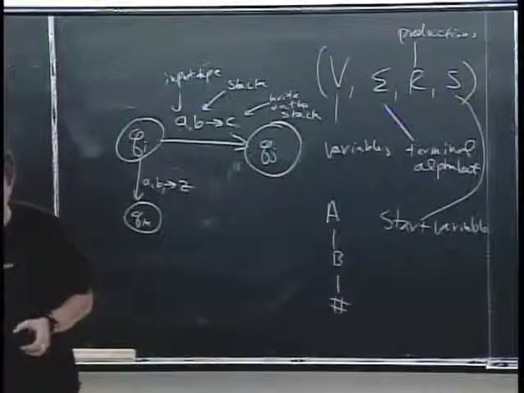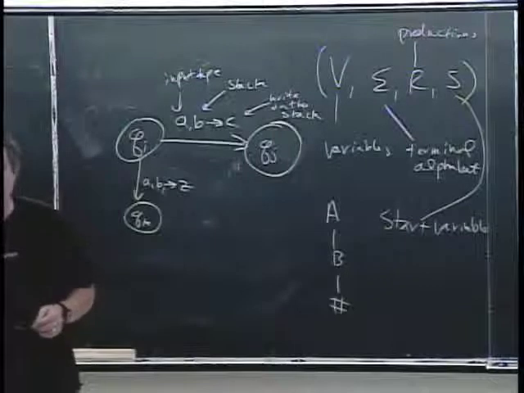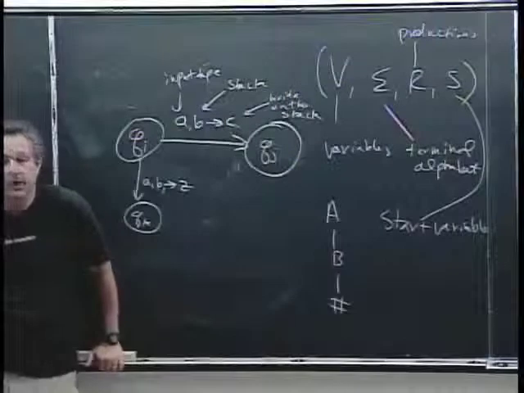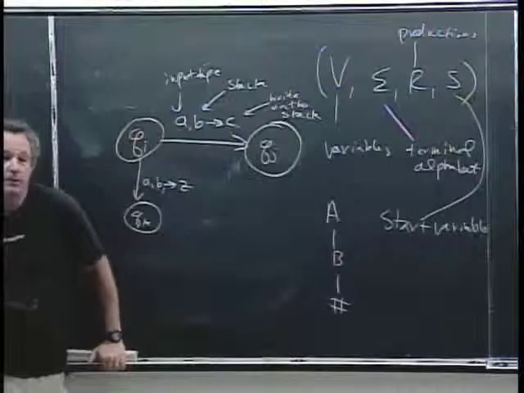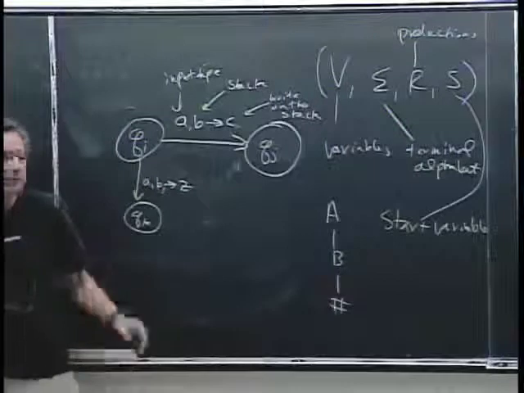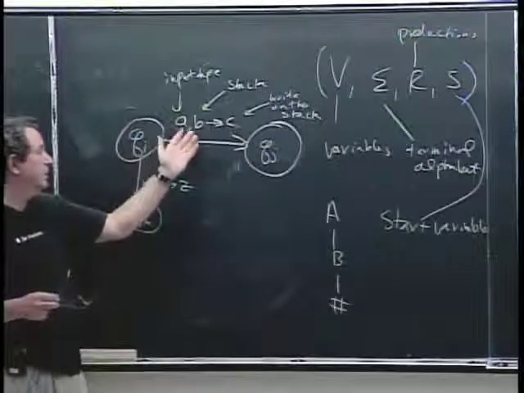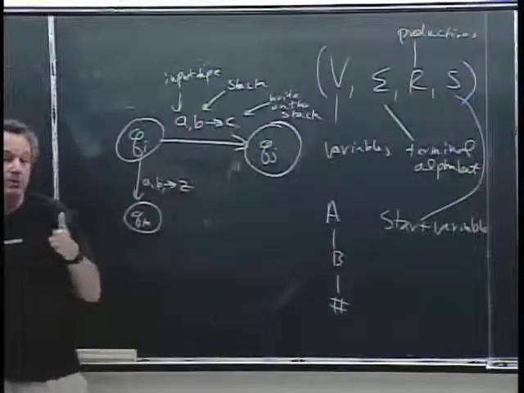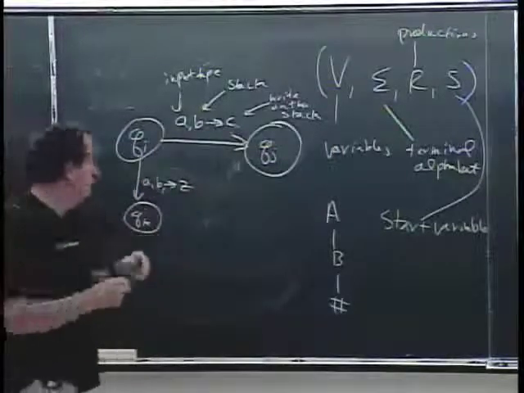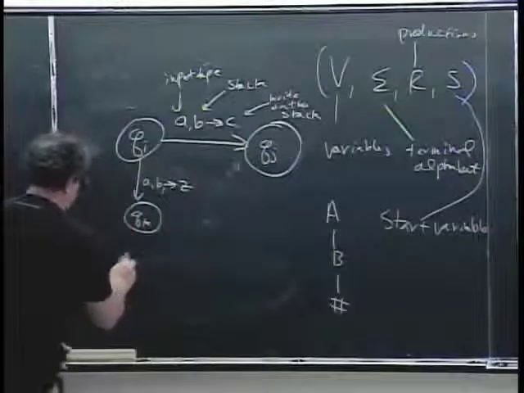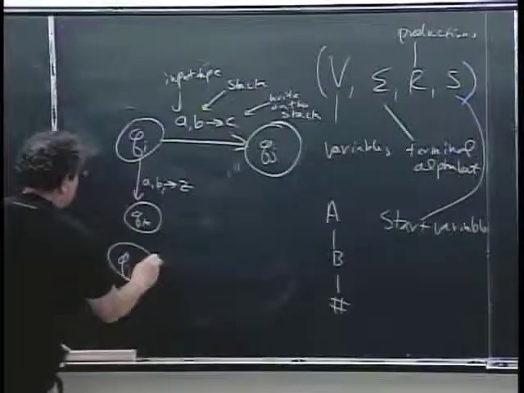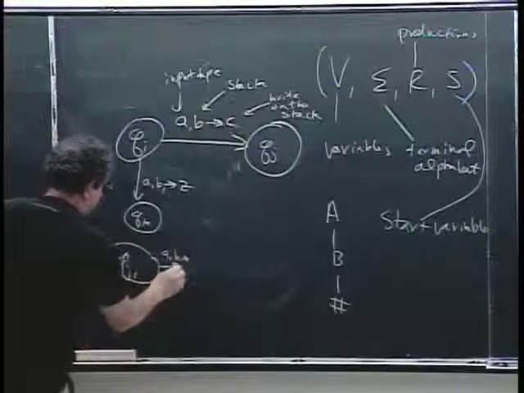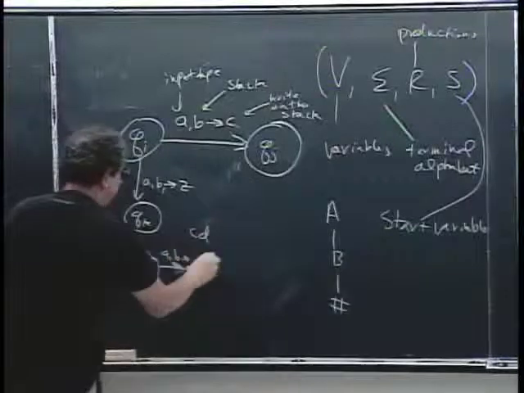Can you write multiple characters to the stack in one transition? Can you have A, B go to CD? No, that's not a formalism that's allowed, but you can implement that if you really wanted to. So if you got to a particular state and based on what you read, you decided you want to put multiple things on the stack, then what you would do, let's say, Qi goes A, B, and let's say we want to actually put CD on the stack at that point.